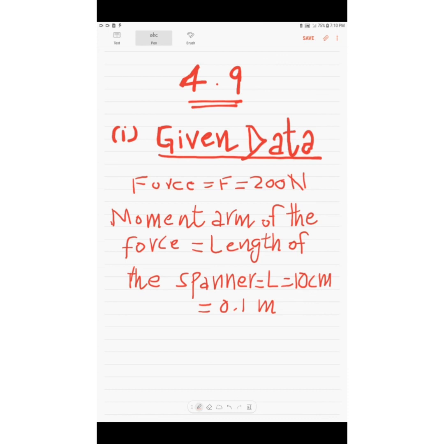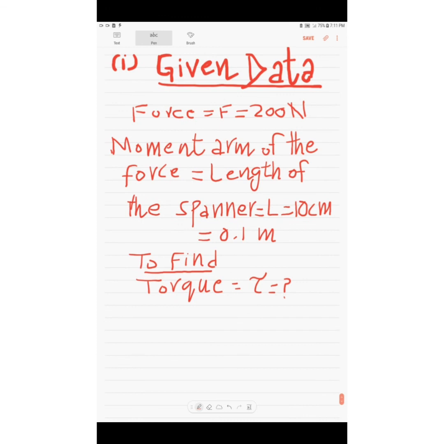Now in this part we will calculate the torque, and this torque will be used in the solution of the second part. To find torque, tau is the symbol, put question mark. Next heading is formula.